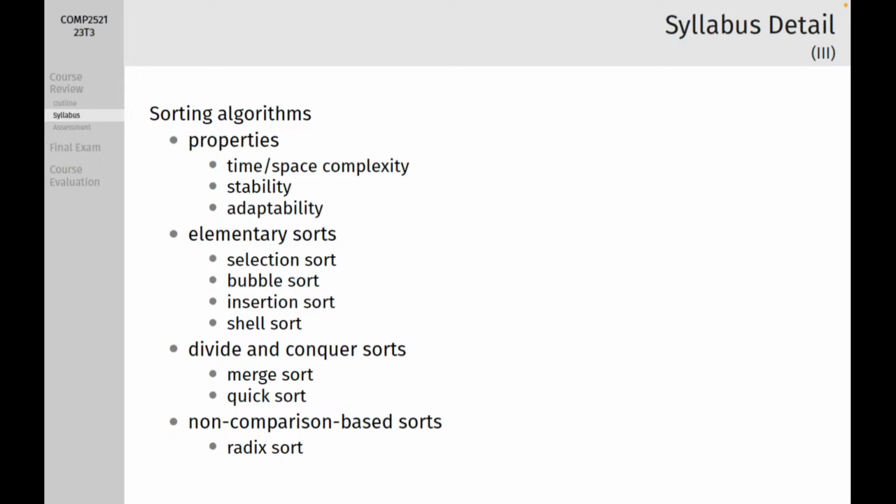So with the other sorts, selection sort up to quick sort, these algorithms are all comparison based, and we looked at the fact that comparison based sorting algorithms, the best you can do with them is n log n in the worst case, right?